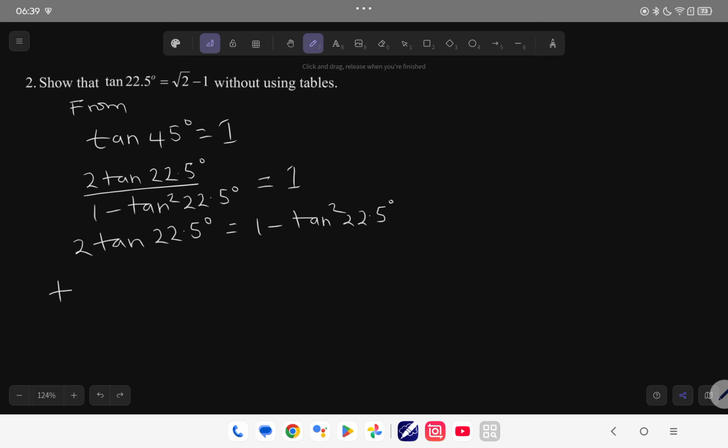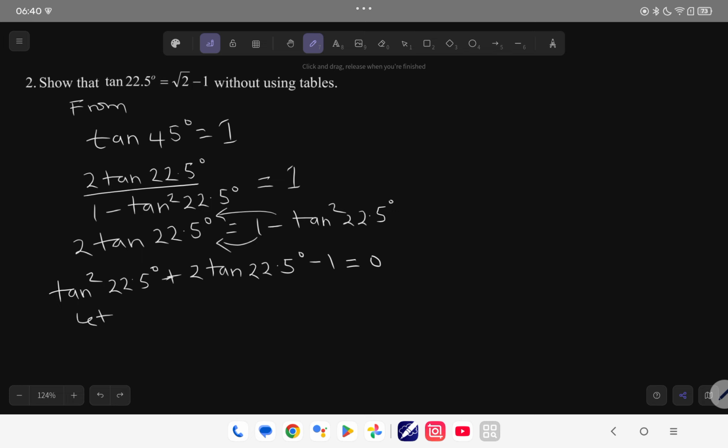I will get tan squared 22.5 degrees. So this one is crossing the equal sign, plus. It finds there this one, 2 tan 22.5 degrees. This one goes as a negative, minus 1 is equal to 0. Again, I'm having a quadratic.